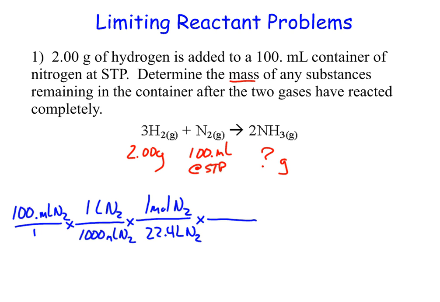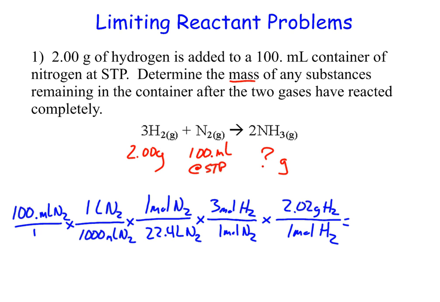And from the coefficients, I know that for every 1 mole of nitrogen molecules, I need 3 moles of hydrogen molecules. Okay, again, from the balanced equation. And once I'm in moles of hydrogen, I can go to 1 mole of hydrogen has a mass of 2.02 grams of hydrogen.